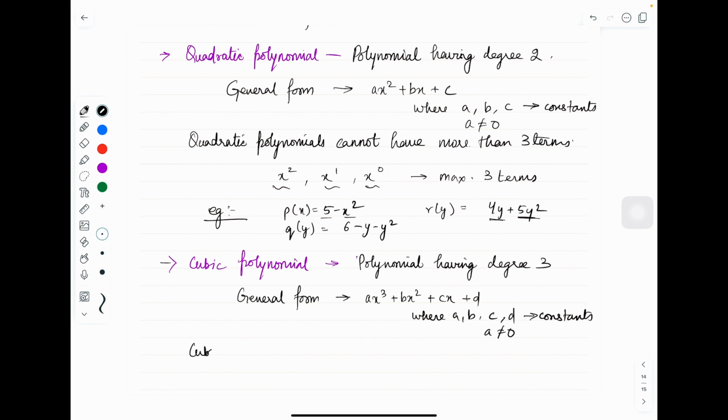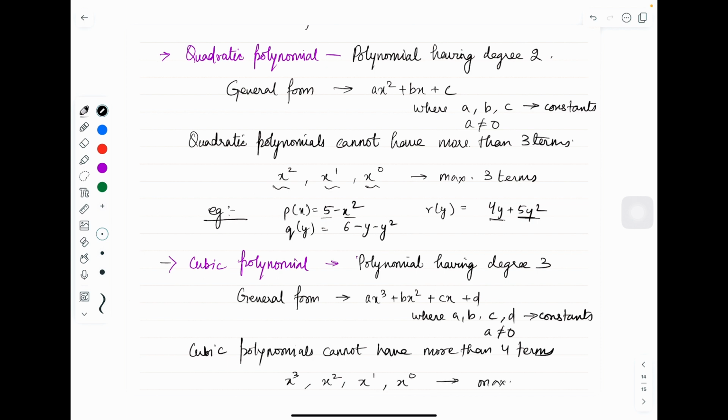Similarly, cubic polynomials cannot have more than 4 terms. How? See, the x cube term is 1, the x square term is 1, the x to the power 1 term is 1, and the x to the power 0 term is 1.